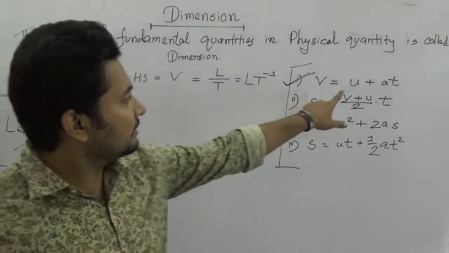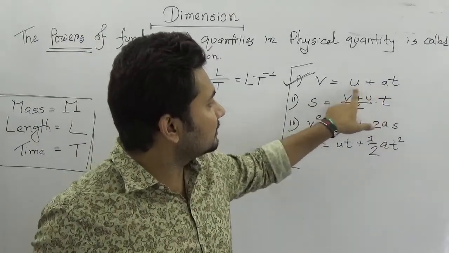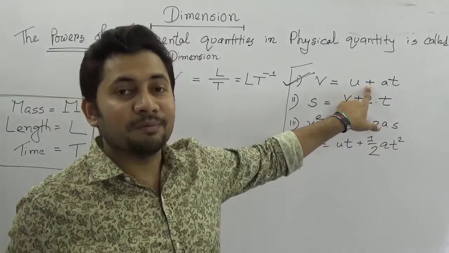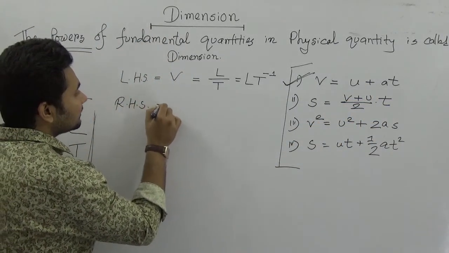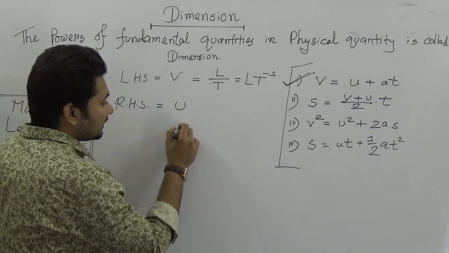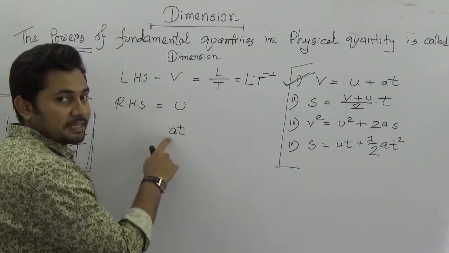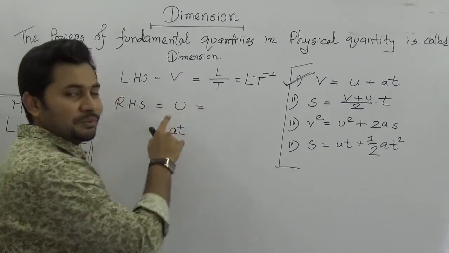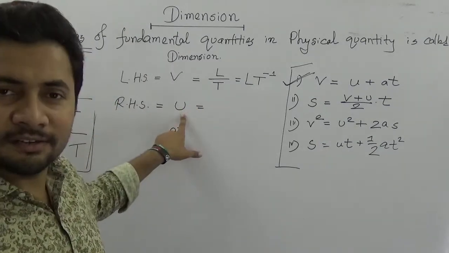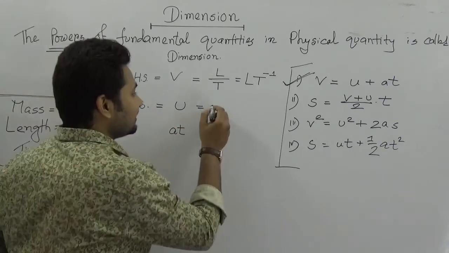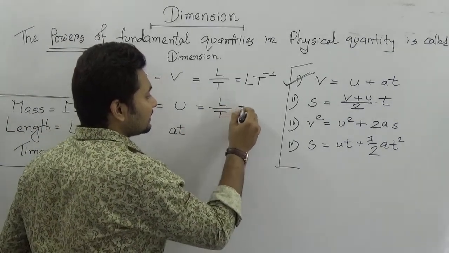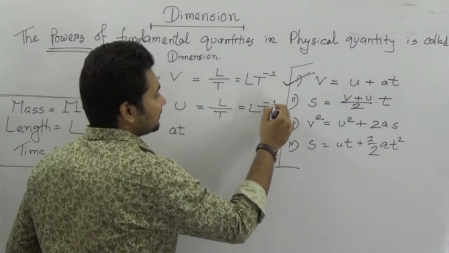And we see there are two things being added, and what is the right hand side? The right hand side would be U and AT. We don't need to add them again, but you see U is the initial velocity, and since it's a velocity, the dimension would be the same, L over T, which is LT inverse 1.